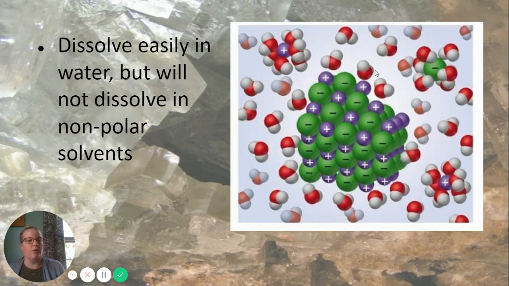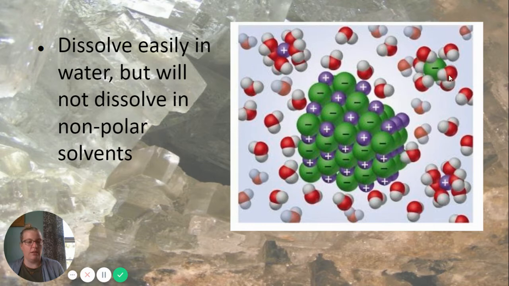If I take a sample of NaCl and I put it into water, water is polar, and we're going to review polar, but you've probably heard it before. Water has a partially positive end and a partially negative end. The partially negative end of water is attracted to the positive ions in your lattice, and the partially positive end of your water is attracted to the negative parts of the lattice.